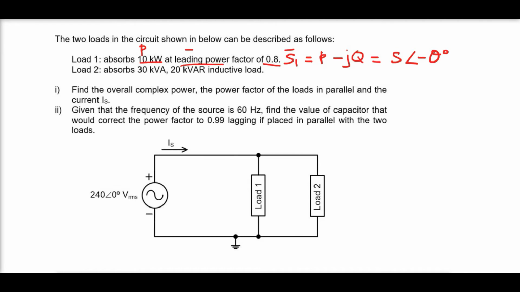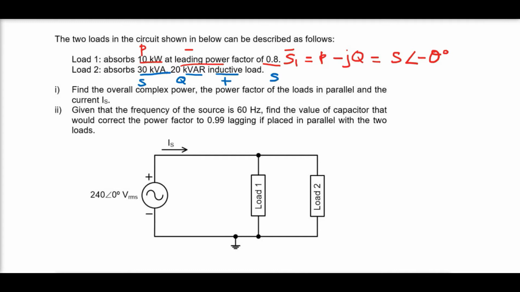Okay, the second load is given as 30 kVA, 20 kVAr inductive load. VA here is for apparent power because there is no angle, so this is apparent power, not complex power. And this is VAR, so this is Q, reactive power, and since it is inductive, it is positive.